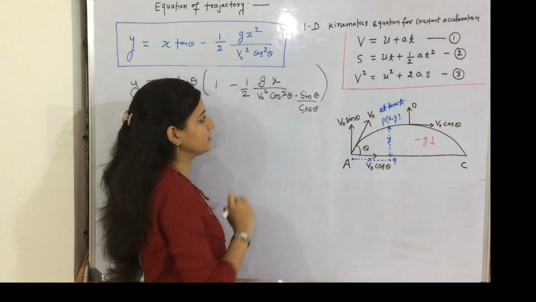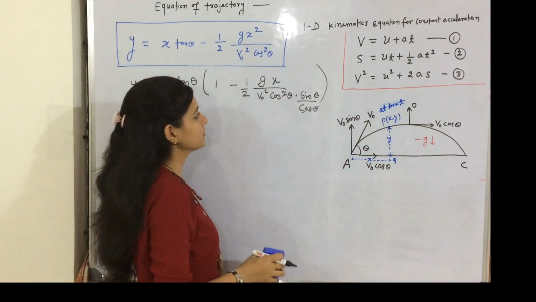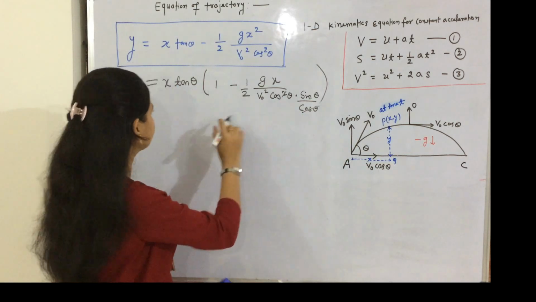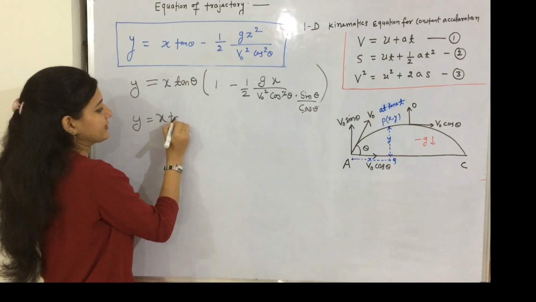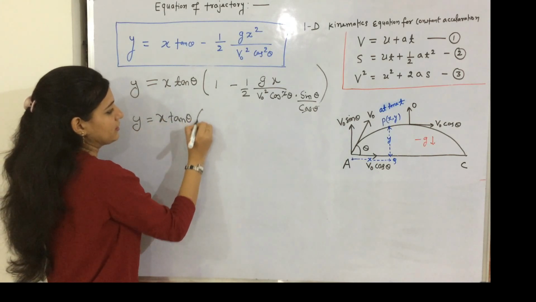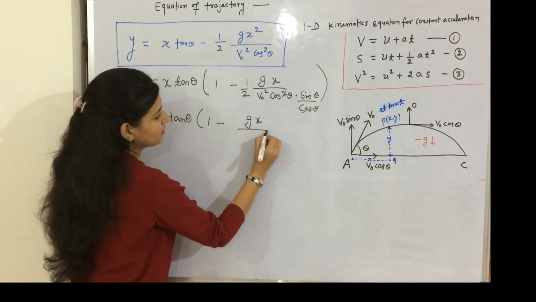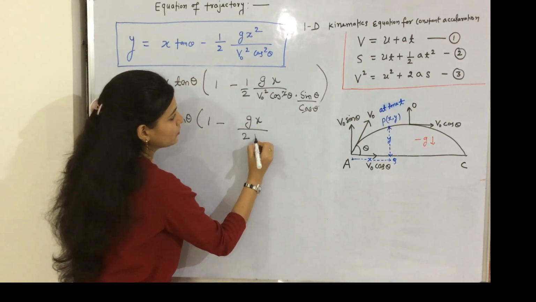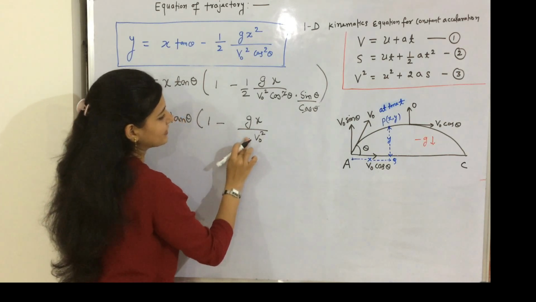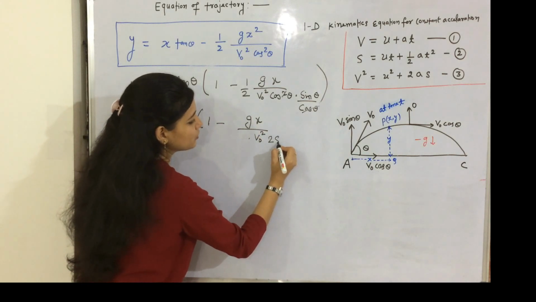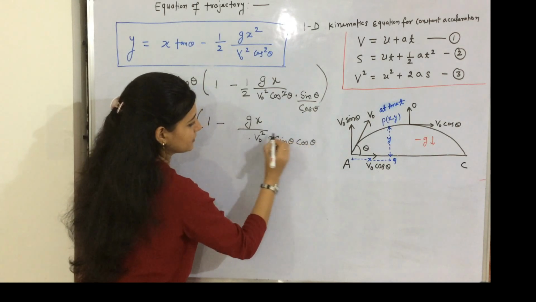Again we will write this equation as x tan theta times 1 minus g x by 2 v naught square, taking this 2 here, 2 sin theta cos theta.